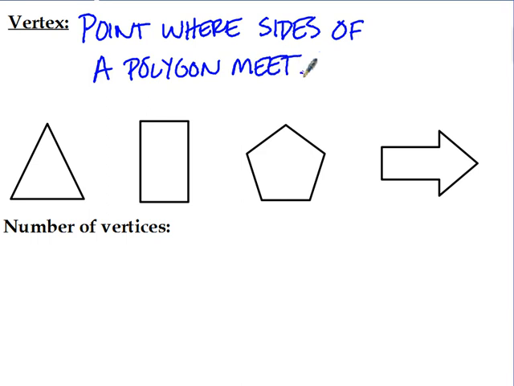So here in the triangle it has 3 vertices. 1, 2, 3. This rectangle here has 4. The pentagon has 5. And this one, 1, 2, 3, 4, 5, 6, 7, has 7. So vertices are just where they meet, and vertices is just the plural of vertex.